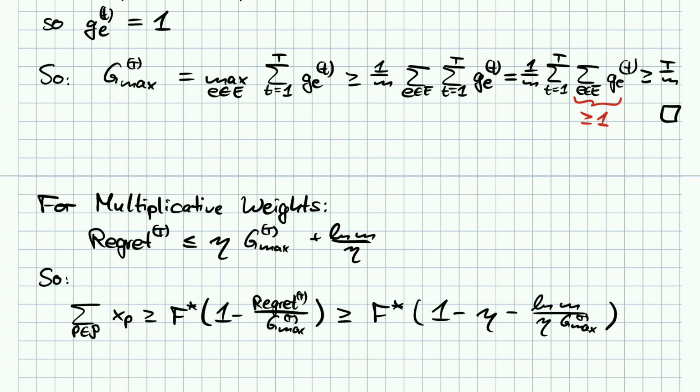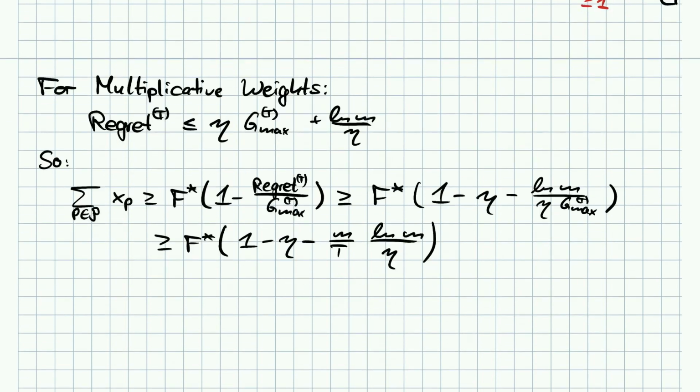And now we can say, because this g max is at least t over m, that this is at least f star times 1 minus eta minus m divided by t times ln m over eta. Good.